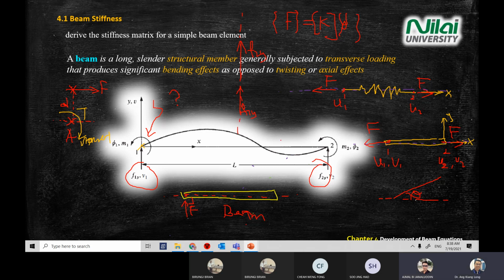I think no. So how can this moment 1 be in this place when you say that F1y and F2y are parallel? What does this diagram tell you on the right-hand side and the left-hand side?